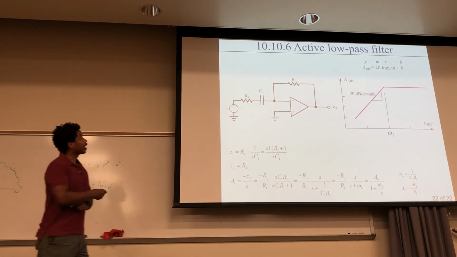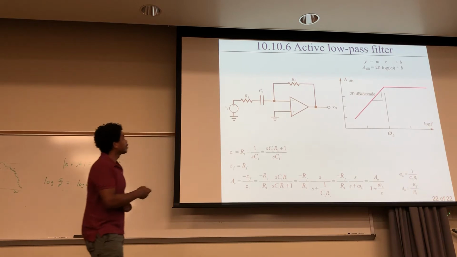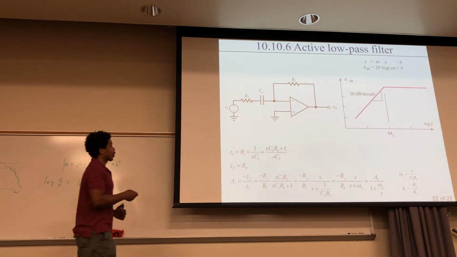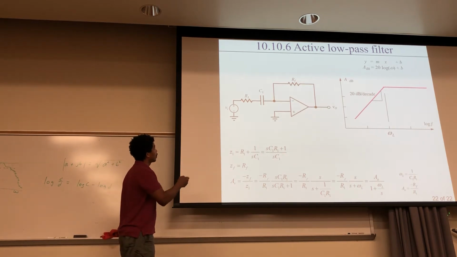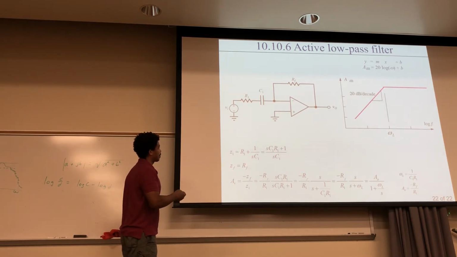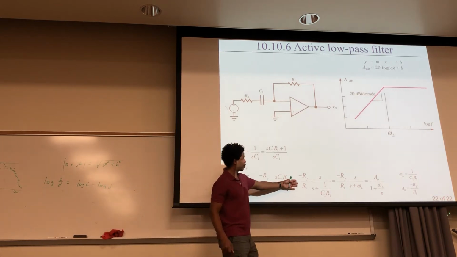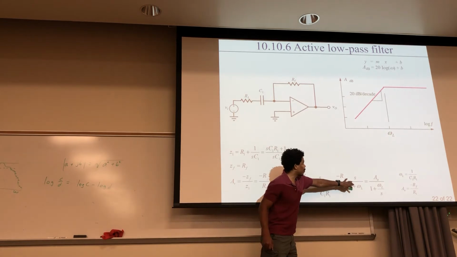Now this is for an active low-pass filter. In this case, instead of having the capacitor in parallel with the resistor, you put your capacitor right here. And so for Z1, we have this situation, which is this plus that. They're in series. And for your feedback, just RF. Then taking the ratio again, you can see how we're working this through to get it into this form right here.